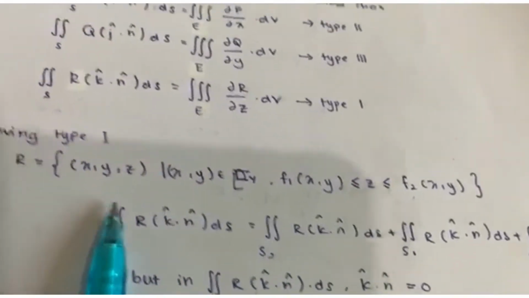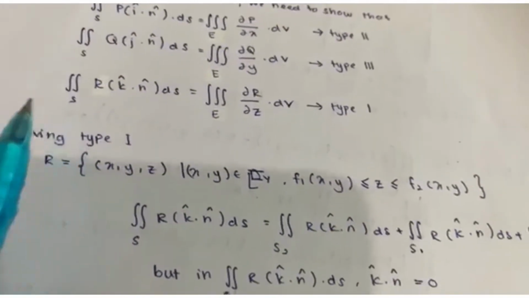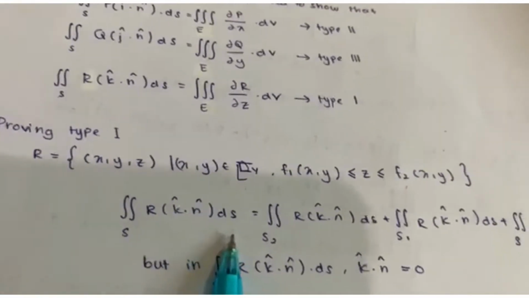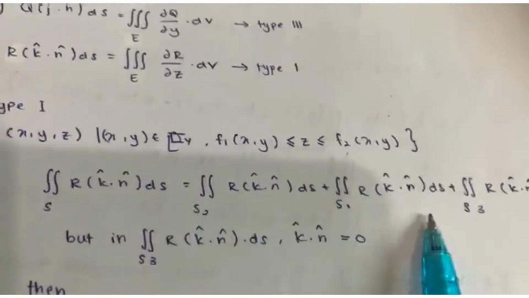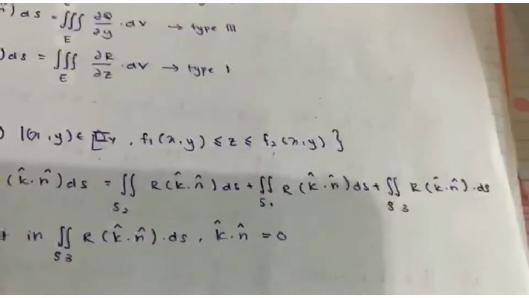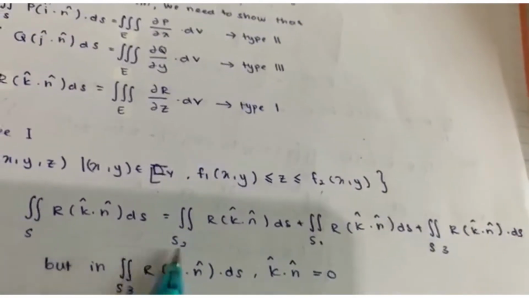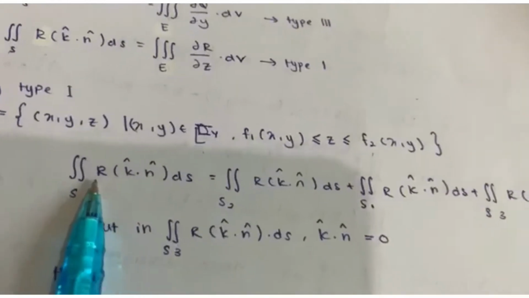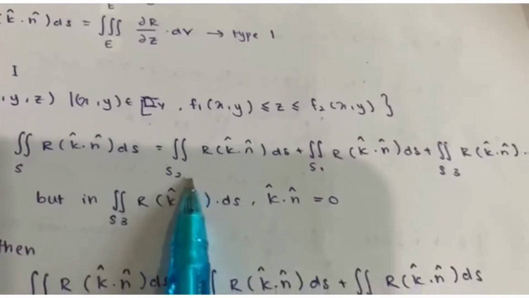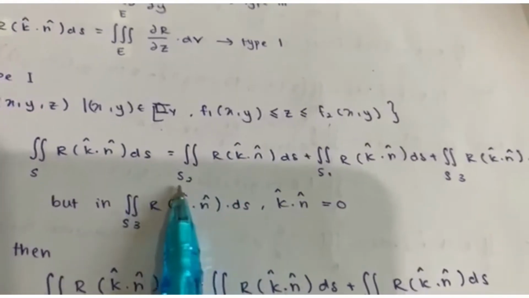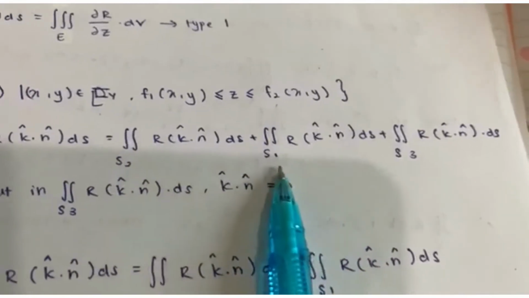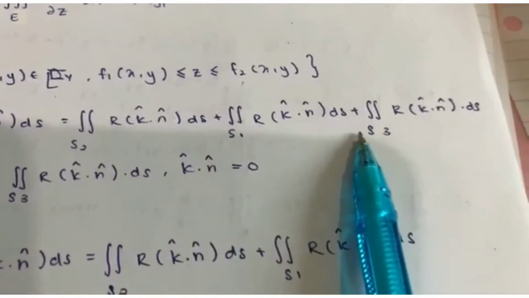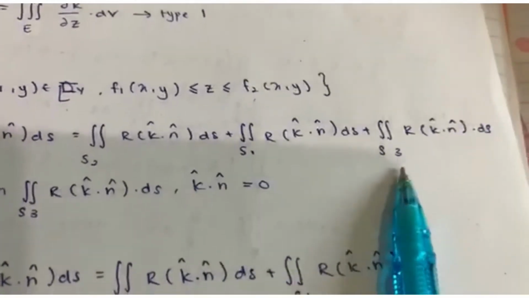From this we get S equal to S1 plus S2 plus S3, regardless of the position of S. The double integral over S of R k dot n is equal to the double integral over S2 plus the double integral over S1 and the double integral over S3.